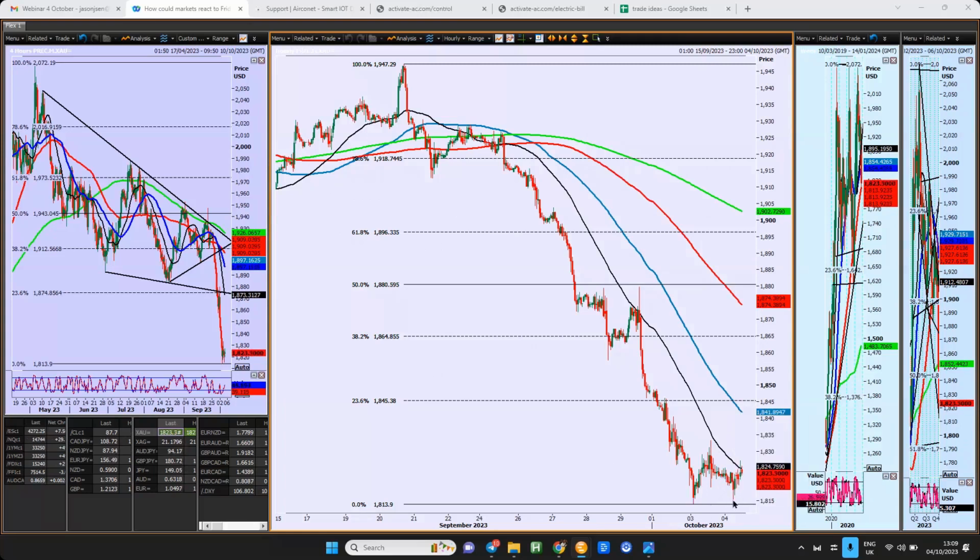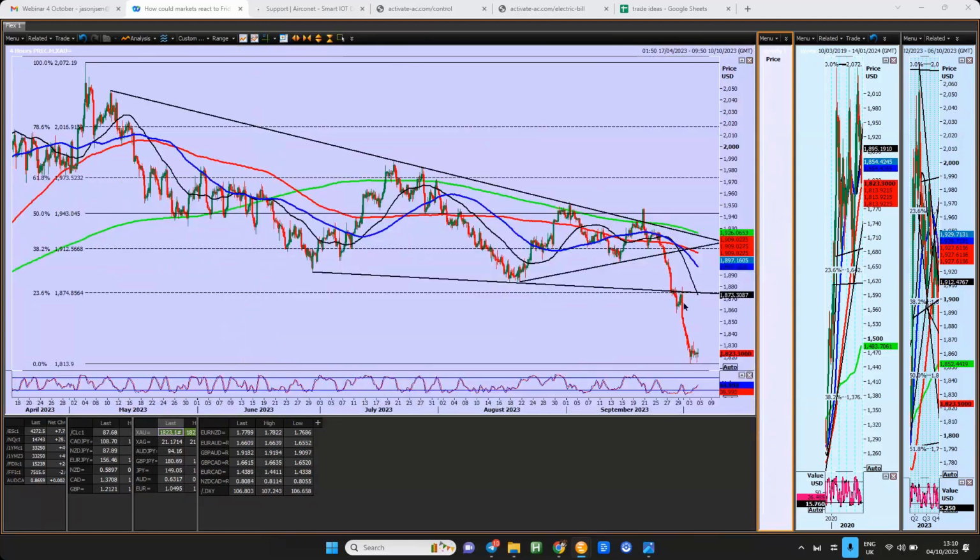Although we haven't really tested my buy level yet, we haven't really got down to 1814, 1810. However, I think we could be on for a recovery now in gold, and I think 1845 looks like a realistic target. It's my fib level, but longer term we could even retrace the whole of this down move. I don't know with what speed.